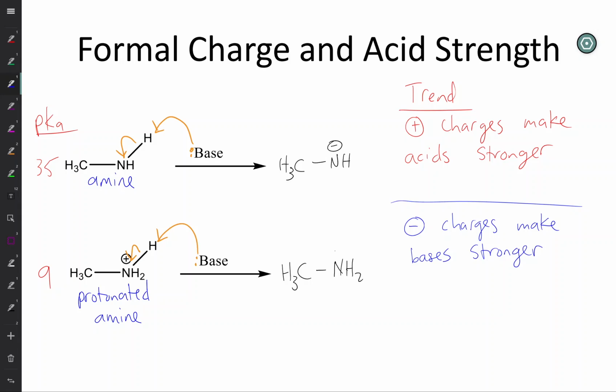So if something can go from positive to neutral, that's usually going to be favorable, because we know that neutral molecules are usually more stable than charged molecules. Another way to think of it is the positively charged molecule has an extra positive charge that's sort of like repelling the proton. And so for something else to swoop in and take it away, more likely to happen.